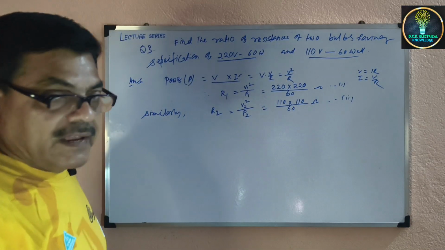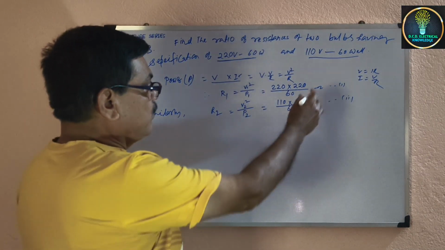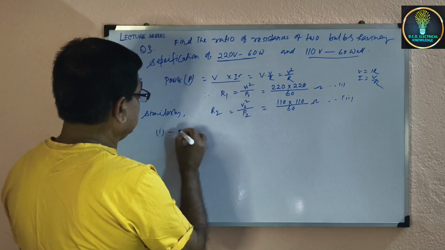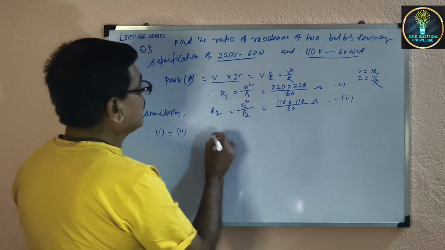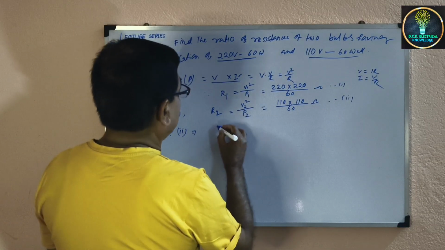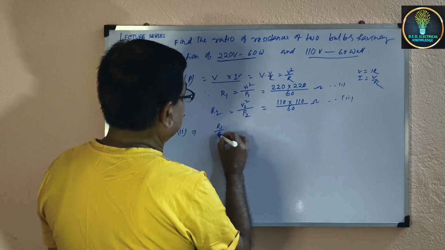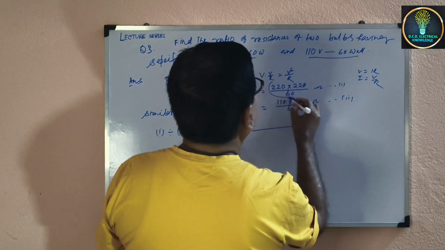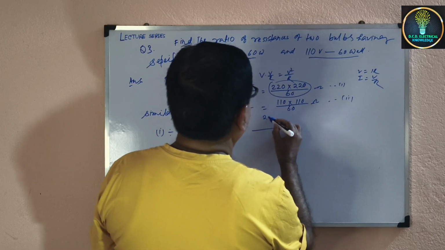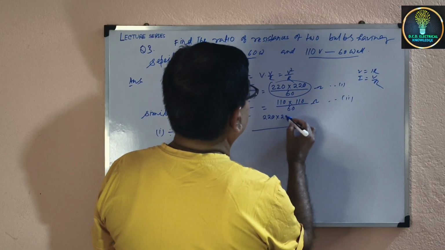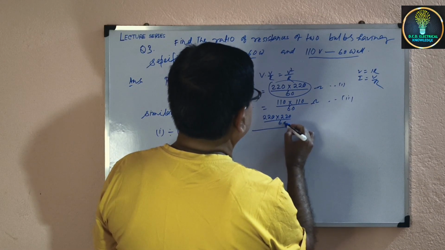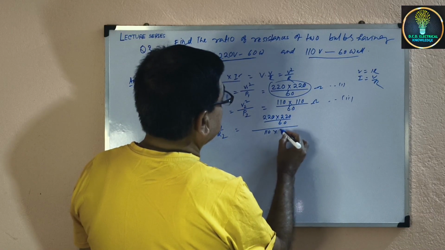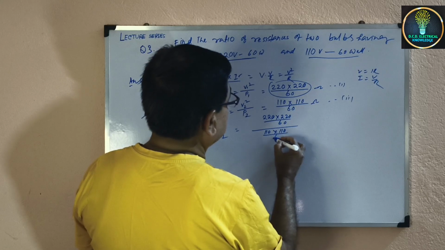Now we can divide these 2 equations, 1 divided by 2, and we get R1 by R2 is equal to 220 into 220 divided by 60, over 110 multiplied by 110 by 60.